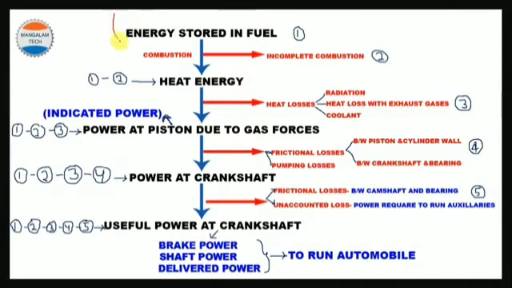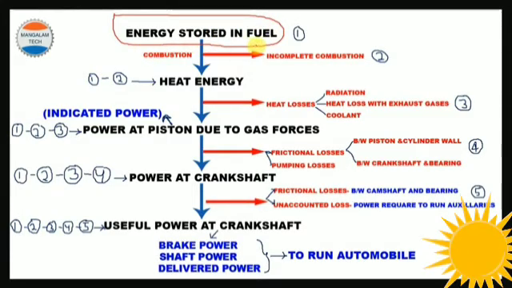Whenever we consider an engine, the energy stored in the fuel we have to convert into mechanical energy. This flow chart shows how the energy stored in a fuel converts into heat energy, then power at the piston due to gas forces, then power transfer to the crankshaft, and lastly the power available for use at the crankshaft.